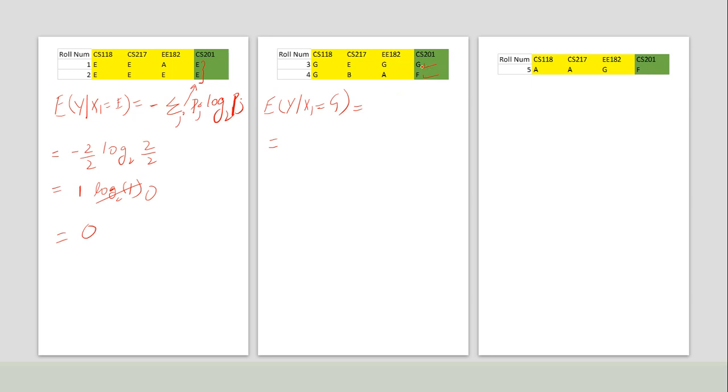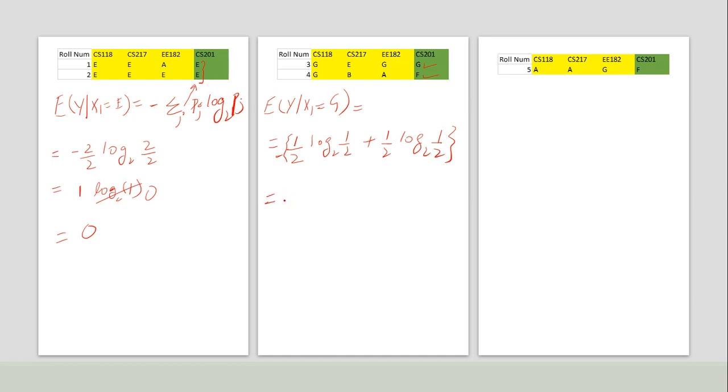For the first value g, there are two records and one record has g, so the probability is 1 over 2 multiplied by log base 2 of 1 over 2, plus for the value f, again 1 over 2 into log base 2 of 1 over 2, and I take the negative of the entire value.